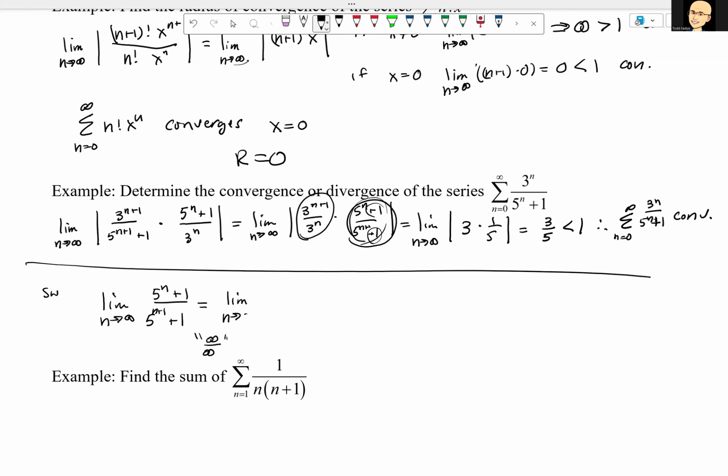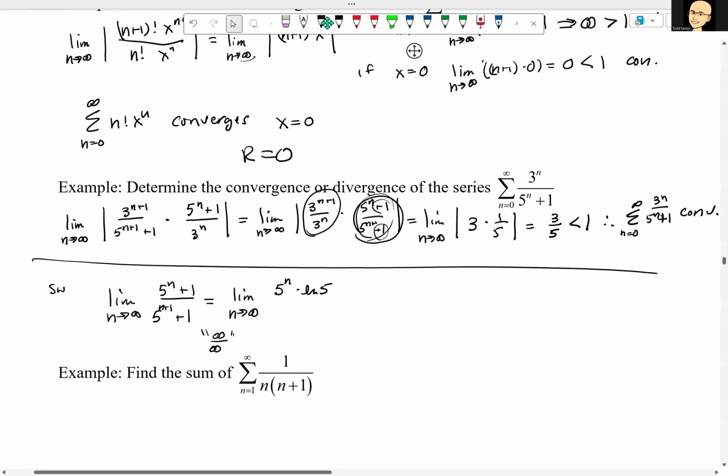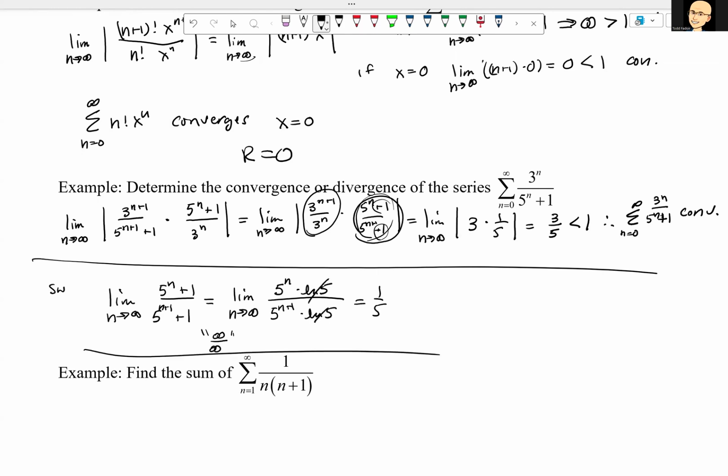And you get the limit as n goes to infinity of 5 to the n times natural log of 5, over 5 to the n plus 1 times the natural log of 5. Those cancel, and that clearly goes to 1/5. So just in case you can't see that.